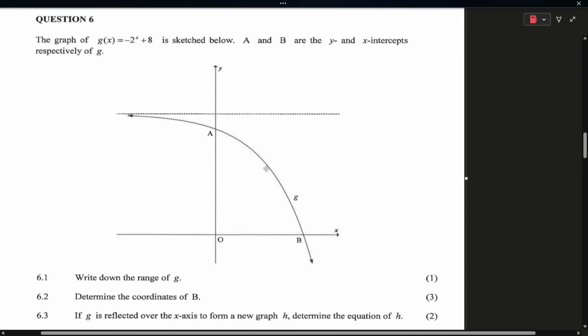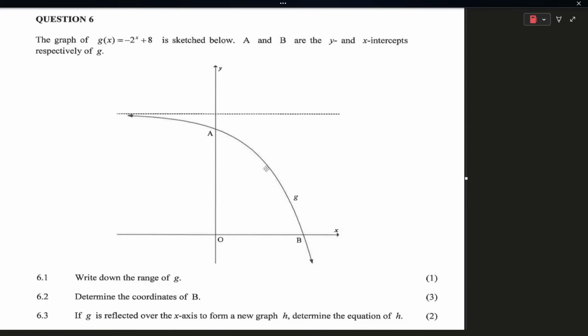Okay, here's the graph. Here's our graph. And it's question 6. We are told that the graph of g at x is equal to minus 2x plus 8. Okay?